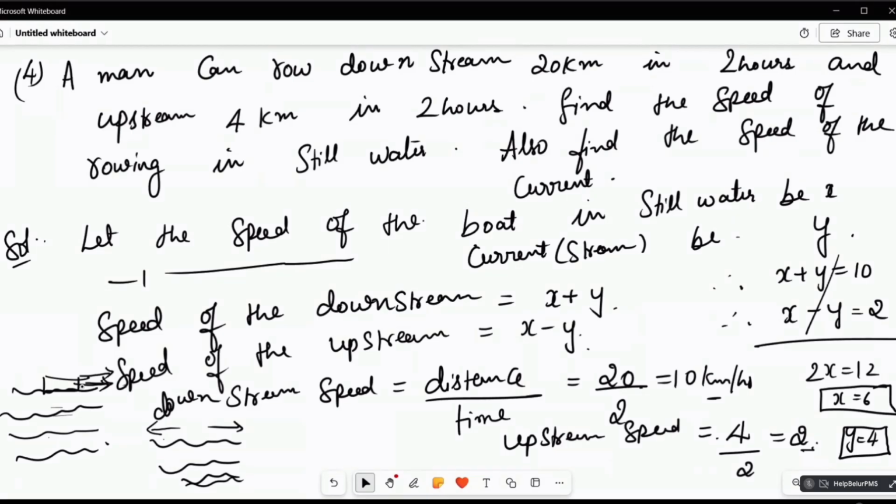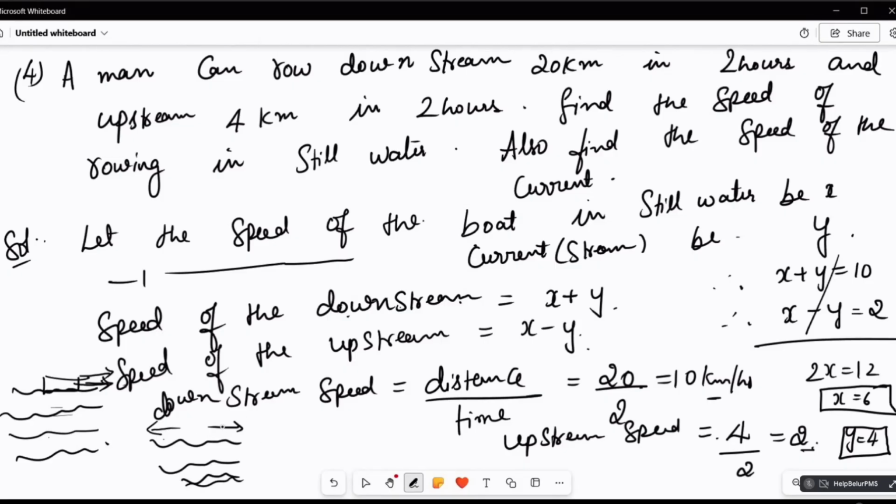Or you consider when you move in an escalator, what happens? You are also trying to move up and it is also moving, then you will reach the destination faster, right? Like that only here. River is also moving, boat is also moving. So both are moving in the same direction. Then actual speed of the boat will become the addition of 2, that is x plus y. That we call it as a name downstream.